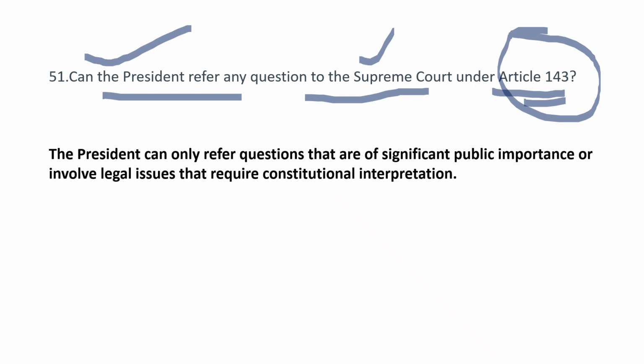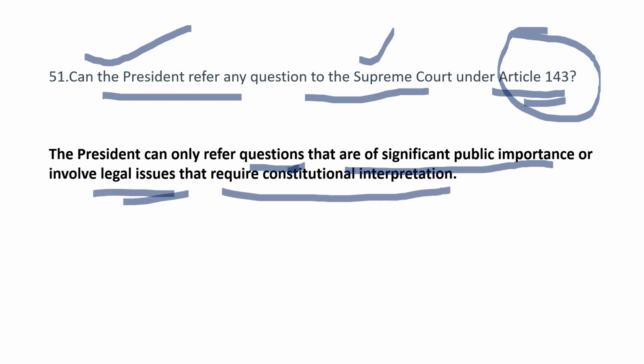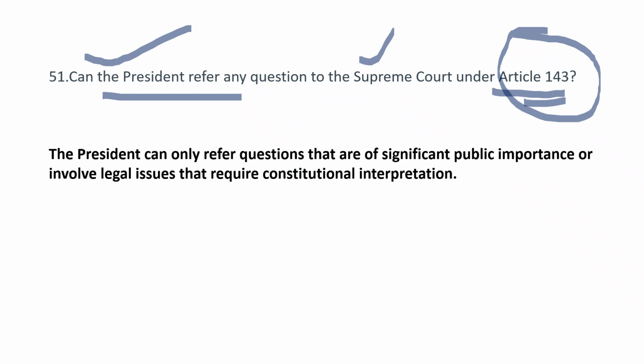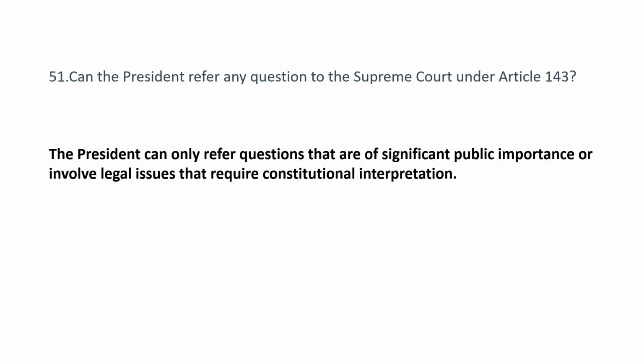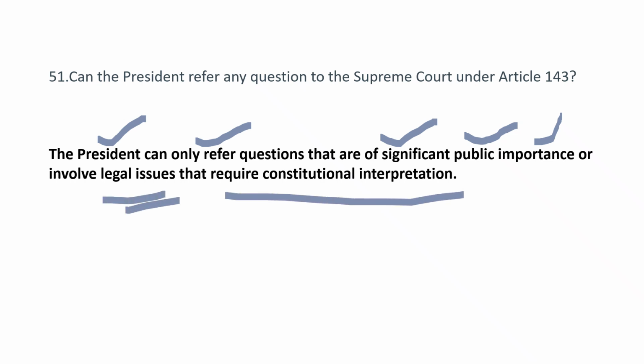The President can only refer questions that are of significant public importance, or that involve legal issues that require constitutional interpretation. Only then can the President refer the question to the Supreme Court. Next question.